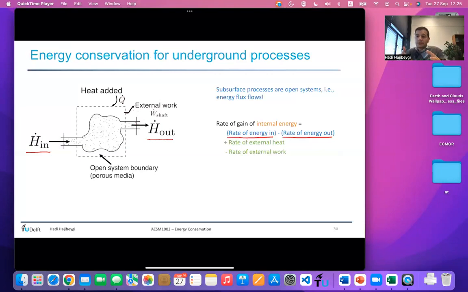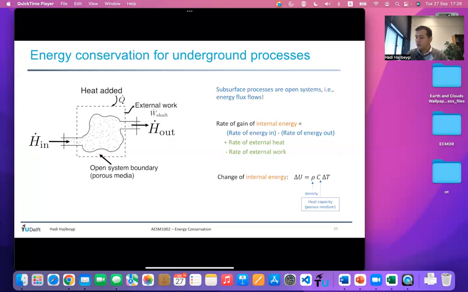If whatever comes would not leave, would all stay, it all will add to my internal energy. And then there must be some consideration of external heat, Q dot here, that may be added to the system from external sources. Imagine I drill a well and inject cold water or warmer water, then I'm adding from outside something into my control volume. And if I do any external work, I need to also take it from my system too.